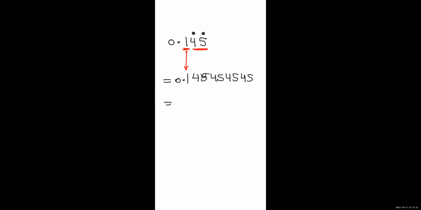Then 45 is repeating: 45, 45, 45, until you fill the screen of the calculator. Then press equals, and the calculator will show you that the number is 8 over 55.